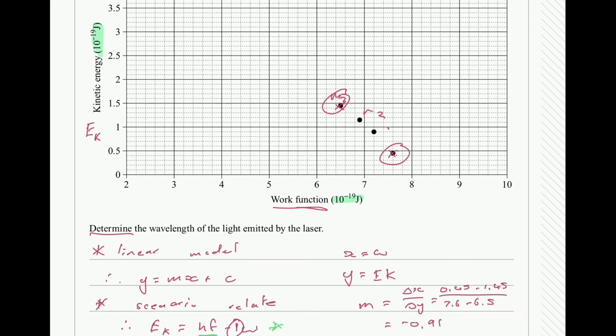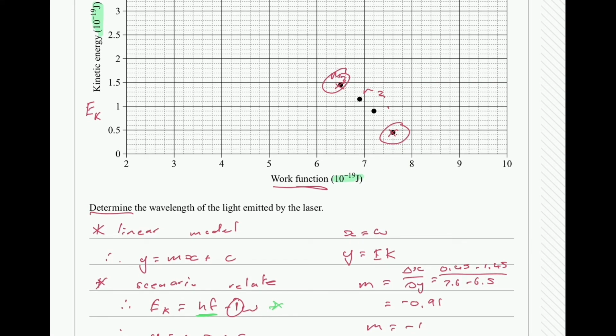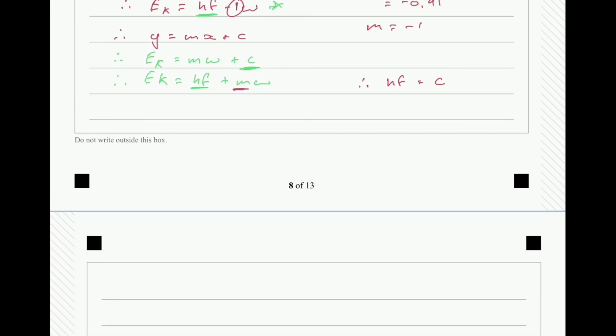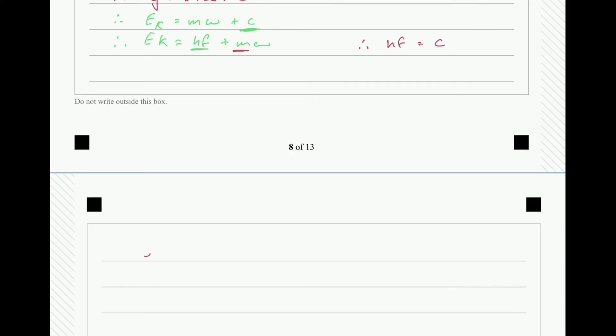So I'm going to continue over the page to continue my working. And before I continue, I'm just going to again pick a point, because I have our relationship of y equal to essentially, or I'm going to neglect the y from this point forward, our Ek is equal to hf minus W, or in this case c minus W. And so I'm going to sub in a point on our graph.